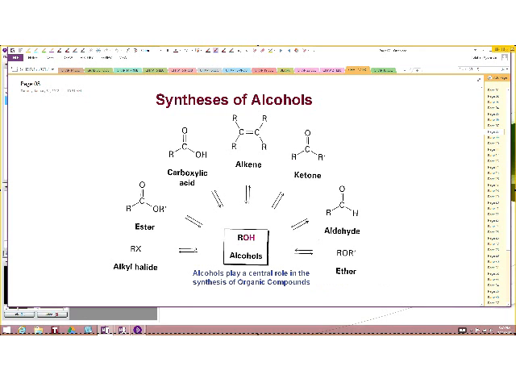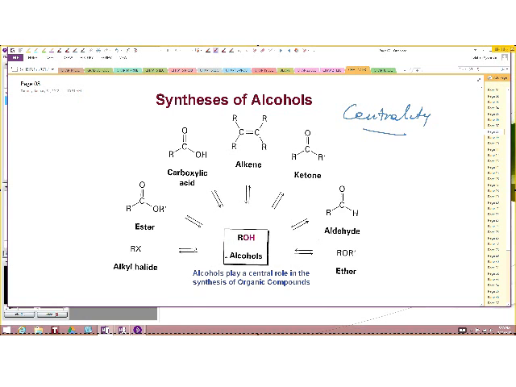You see on this chart, this chart simply demonstrates to you the centrality of alcohol in organic chemistry. If you go from an alcohol to all of these classes of compounds, and vice versa, if you go from any one of these classes of compounds to an alcohol, you see here the alcohol is sitting right in the middle of organic chemistry.